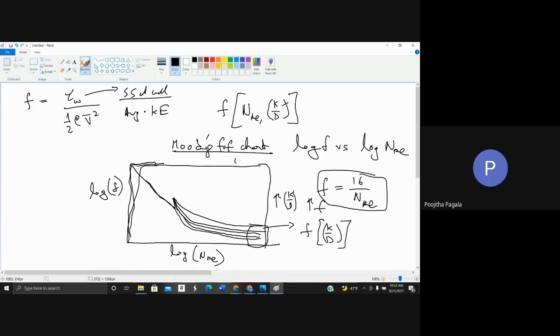So now how can we use F in our problems? F is used in this way. Delta P by rho is 4F L by D into V square by 2. So this is showing the pressure drop.